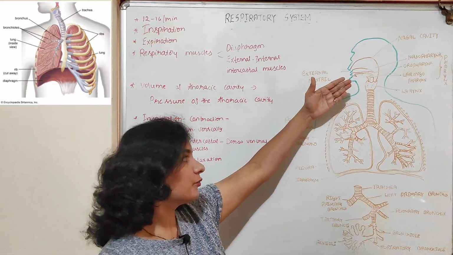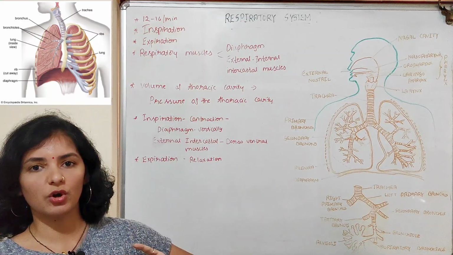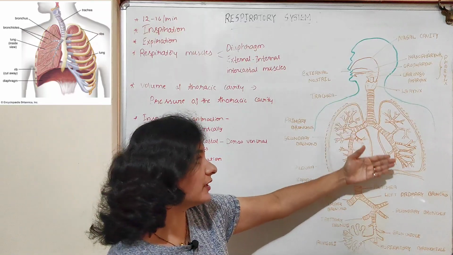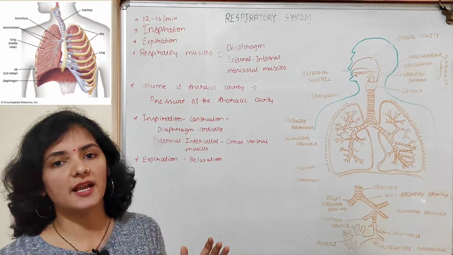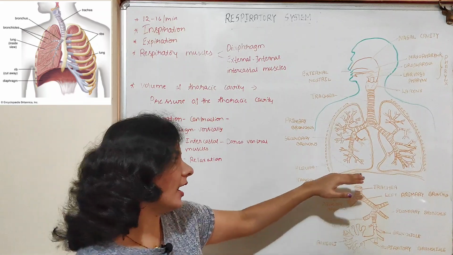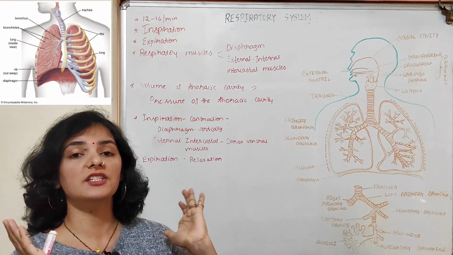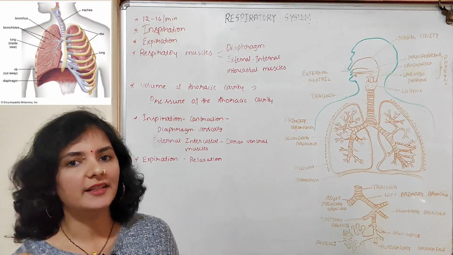For example, from the dorsal side, the vertebral column is present, whereas on the ventral side, the sternum is present. On the lateral side, ribs are present, and at the lower side, the diaphragm is present. So all these structures make the thoracic cavity an airtight chamber.